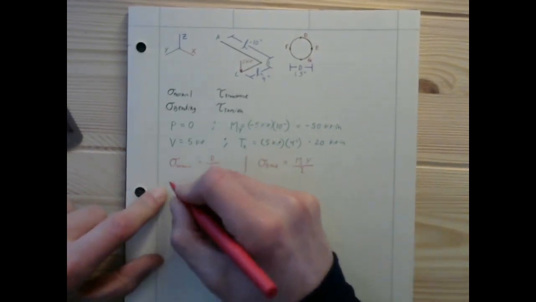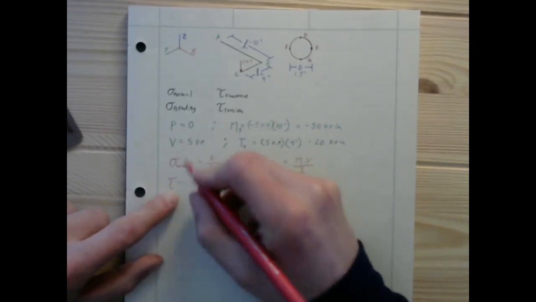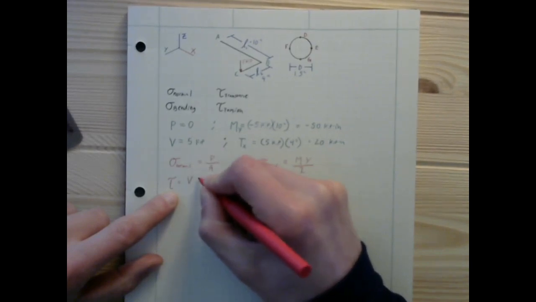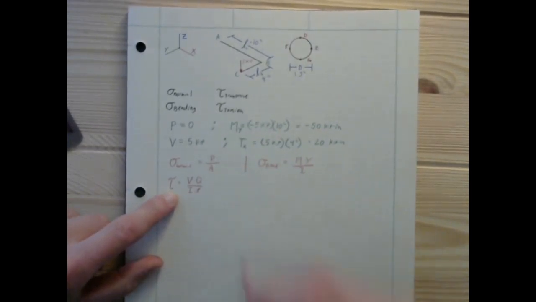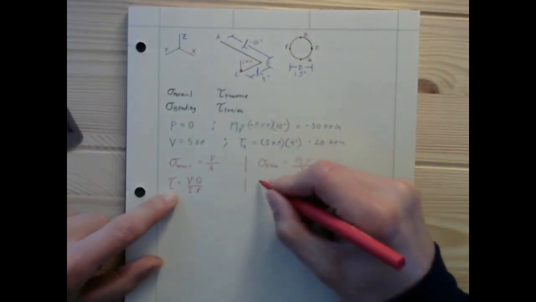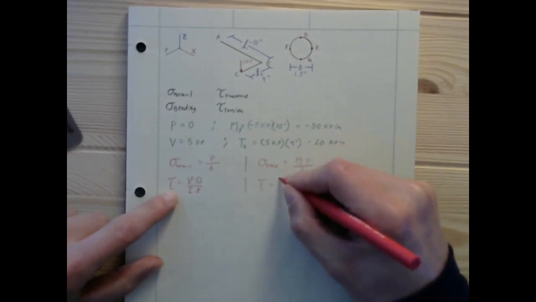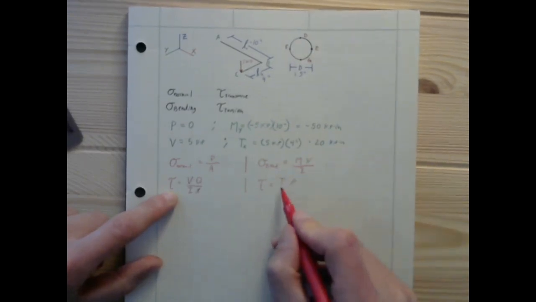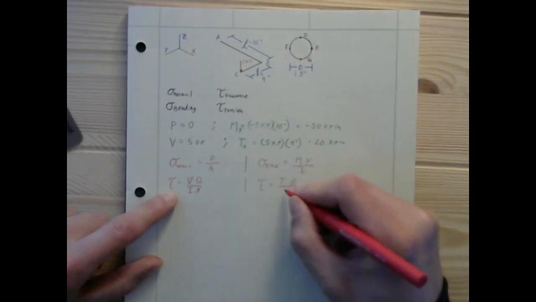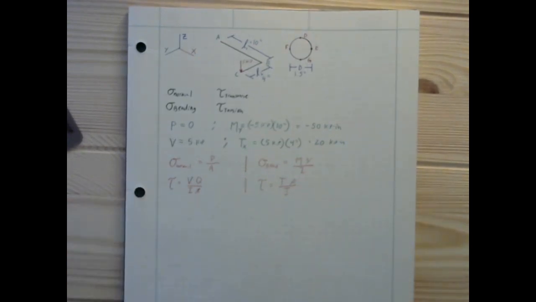We want to use the shear stress, which will be V times Q over I times the thickness. And we want to use the torsion equation, which is T times our distance from the centroid divided by J, our polar moment of inertia.